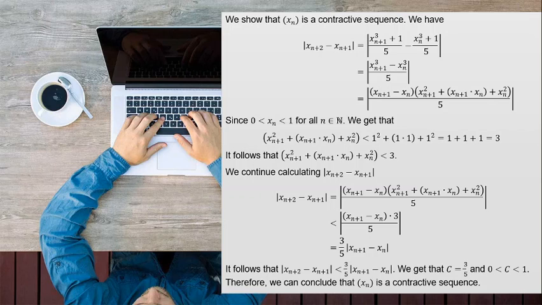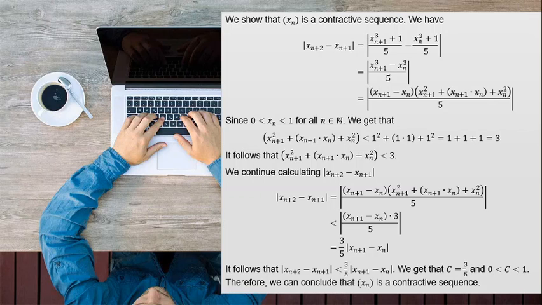Since 0 < x_n < 1 for all n element of natural number, we get that x_{n+1}^2 + x_{n+1}x_n + x_n^2 < 1^2 + 1·1 + 1^2 = 1 + 1 + 1 = 3.